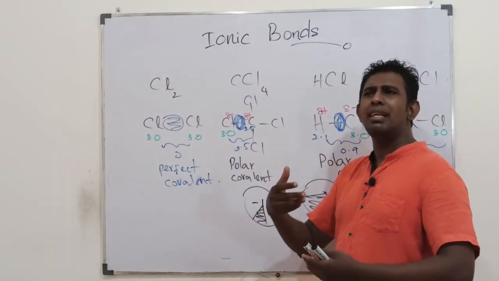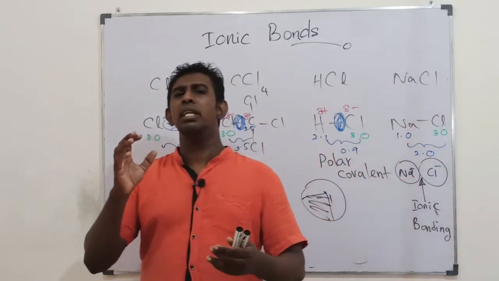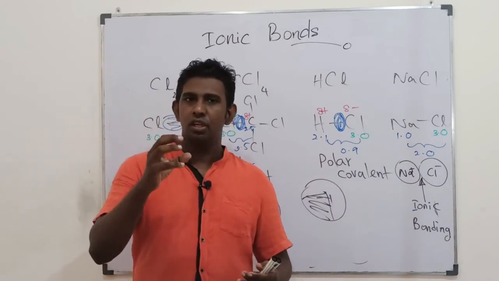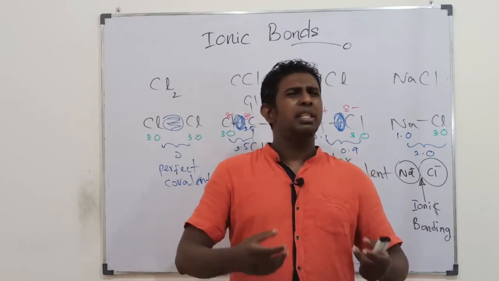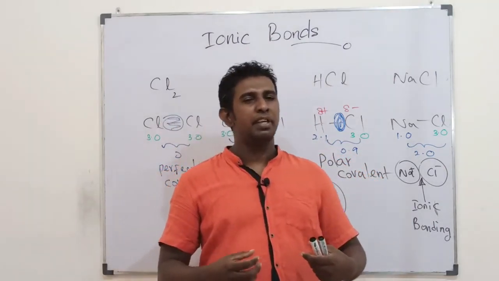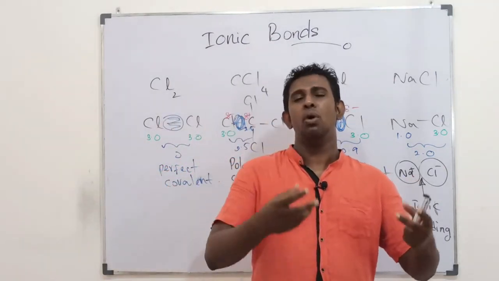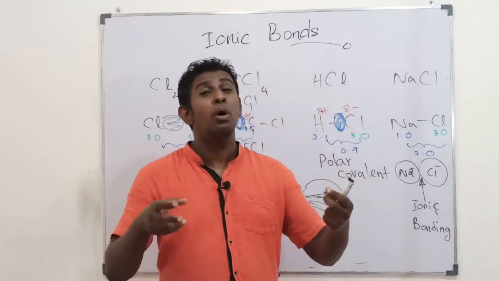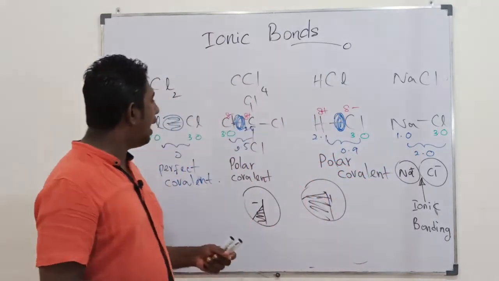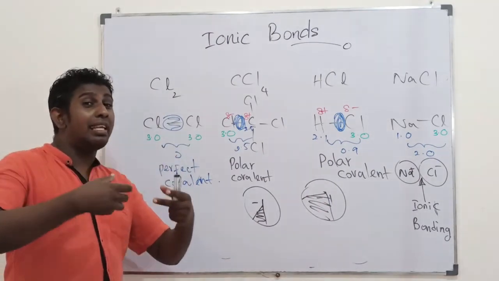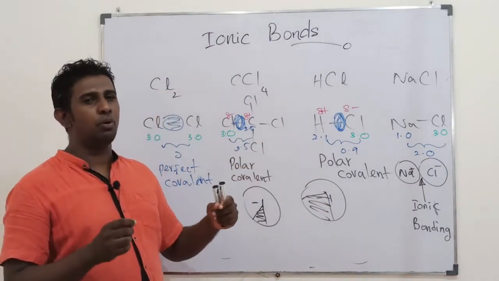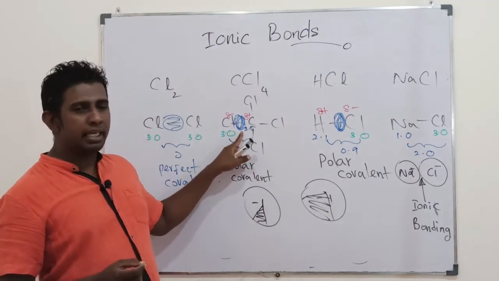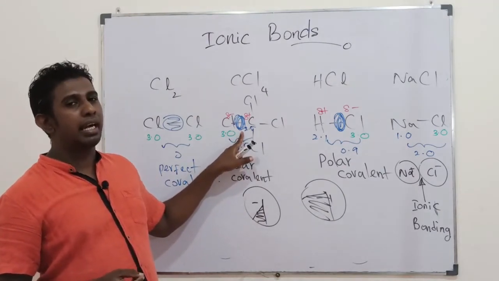Then, having that electronegativity difference, this bond electron cloud would shift towards the more electronegative atom. With increase of the electronegativity difference, it would shift more and more, giving more polar character. After having such an electronegativity difference, it would be polarized. We call them dipoles. So the bond is polar covalent thereafter.